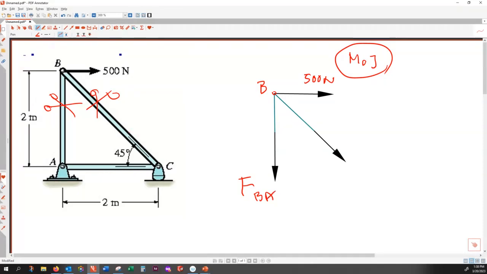What should I call the second force, going from B to C? Let's call this FBC. Yes, thank you for that, FBC. Now, this free body diagram, how many unknowns does it have?